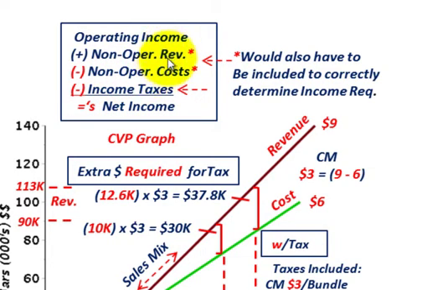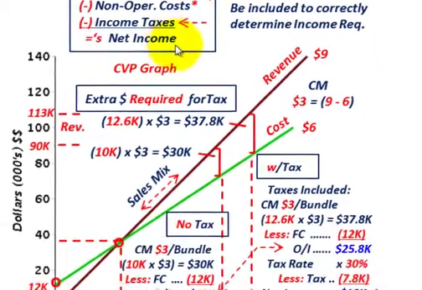For this example, we just ignored the non-operating revenues and costs, but they would also have to be included to correctly determine any income requirements. We're just using income taxes that we would be subtracting from our operating income to meet that targeted net income.